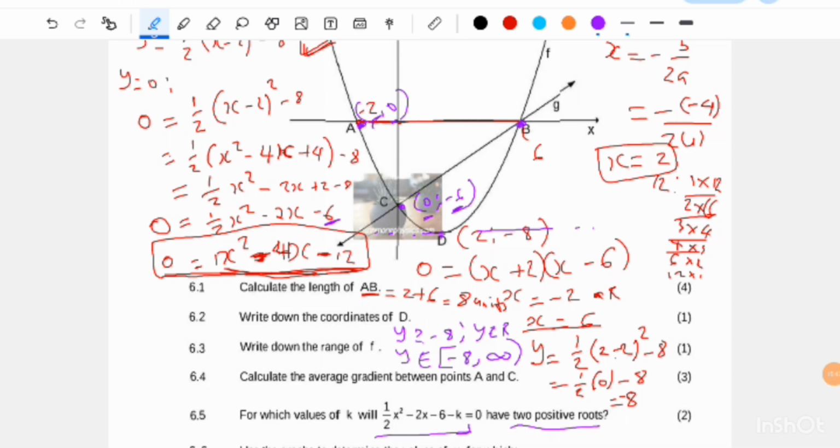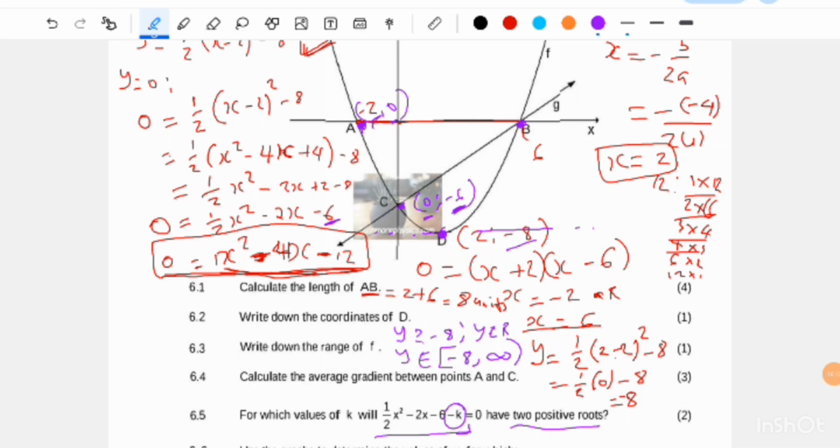It has a positive root and a negative root. So what should be the value of k in order for this parabola to have two positive roots? We look at the turning point's y value, which is negative 8, and the y-intercept, which is negative 6.